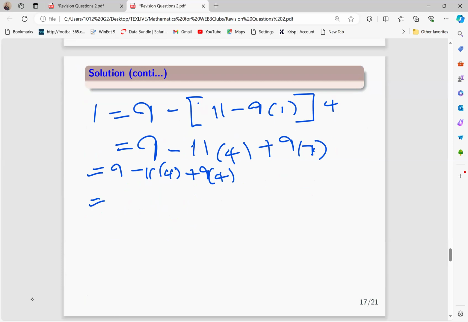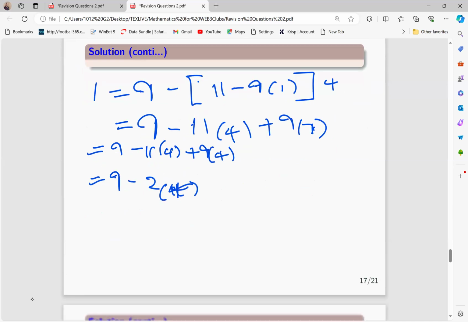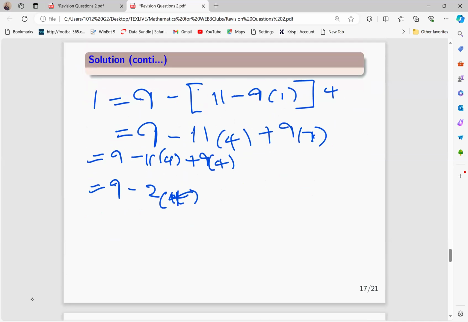If we collect the like terms, we have negative 2 times 9 and negative 2 times 4. Which one is the like terms? 9 and 9. 9 and 9.